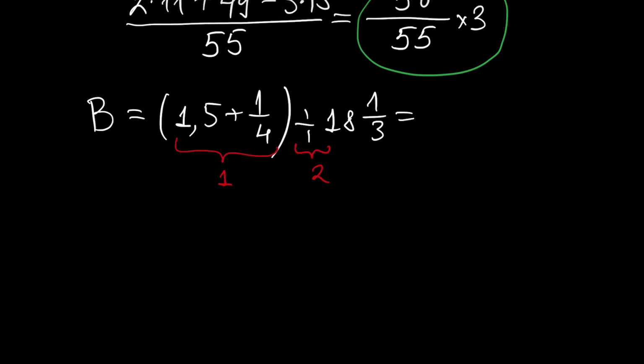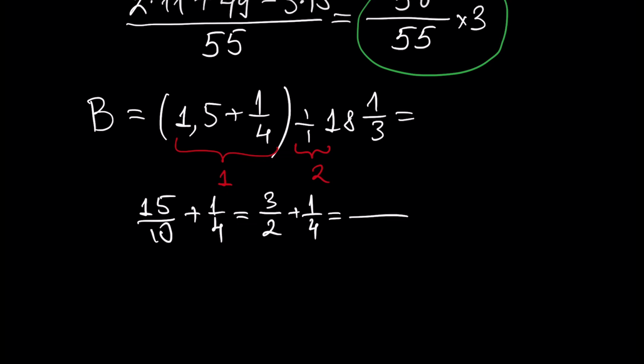What is inside the braces can be written as 1 and 5 over 10, it can be written as 15 over 10, of course, plus 1 over 4. And 15 over 10 is 3 over 2 plus 1 over 4.